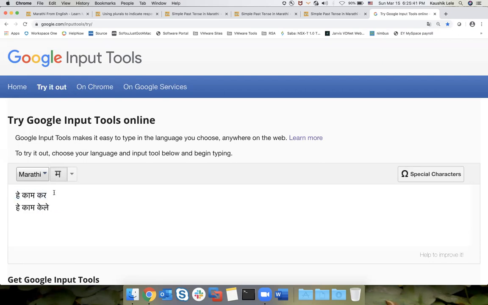And in imperative form, how will you say don't do this work? Kaam kar nahi.